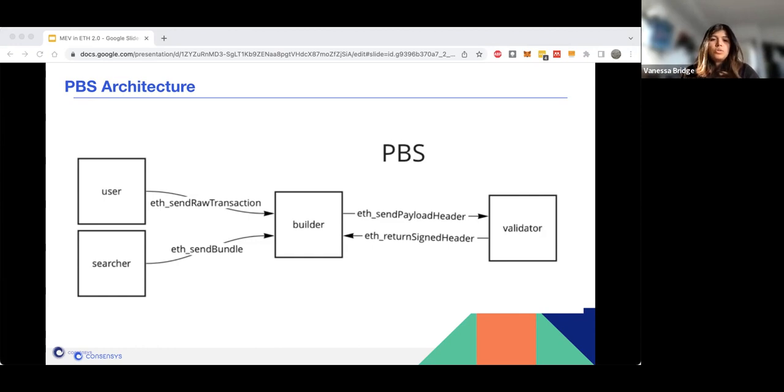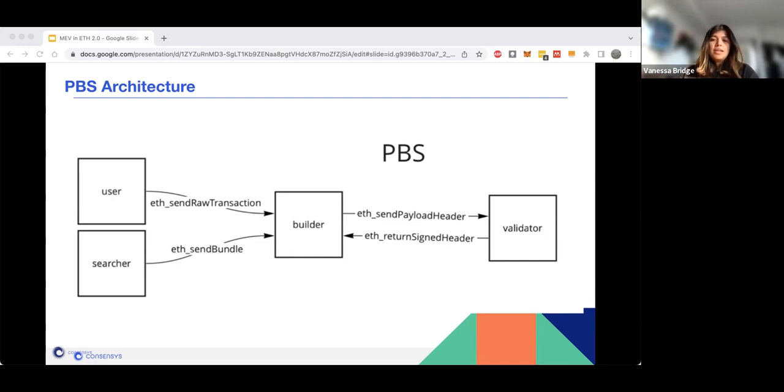So you're trying to separate the transactions and the bundles from the relayer, but also from the builder. The builder is just supposed to create a block with the transactions that you send, and then they send the header of the block to the validator, and the validator needs to sign the block and return it before they can see all of the transactions.